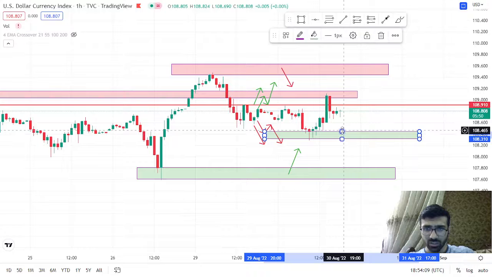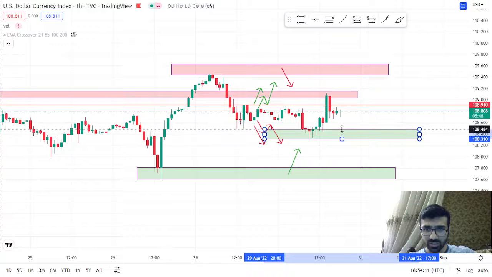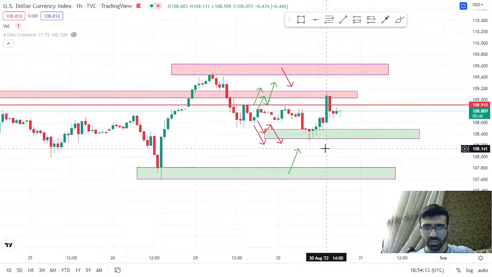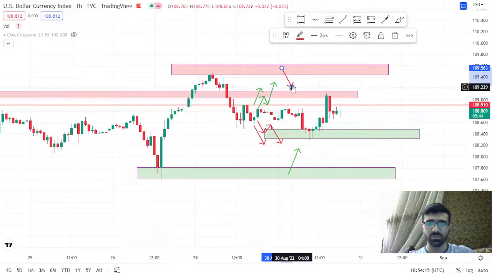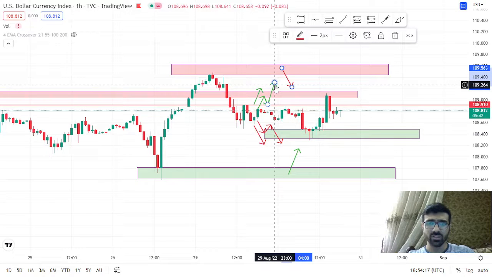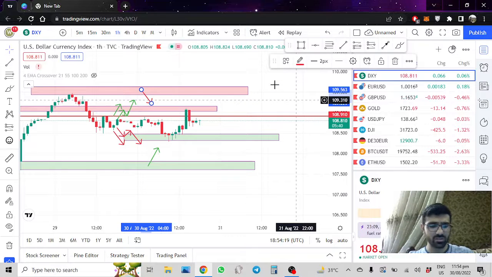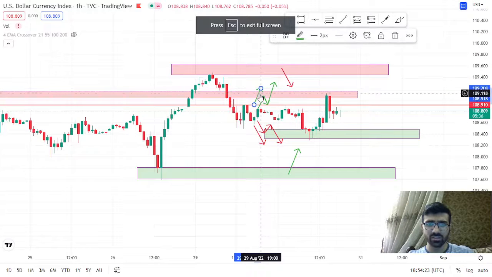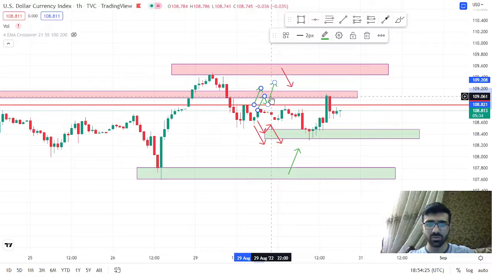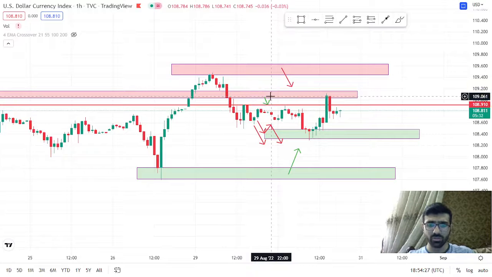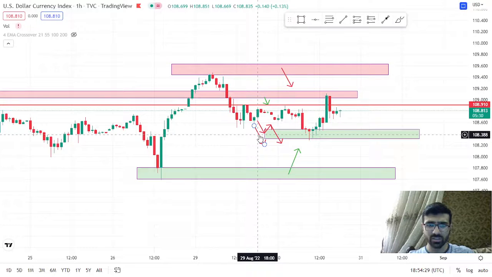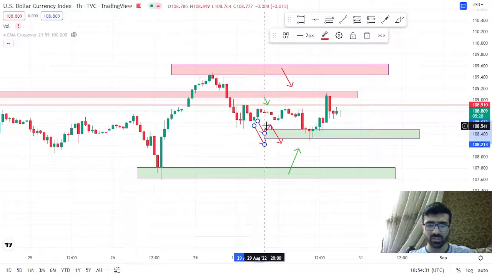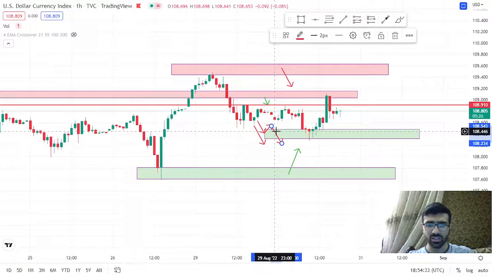I would just mark it a little up. No, this is still valid. This area is still valid, but these trades are not valid anymore, so I am going to remove these trades and these as well.